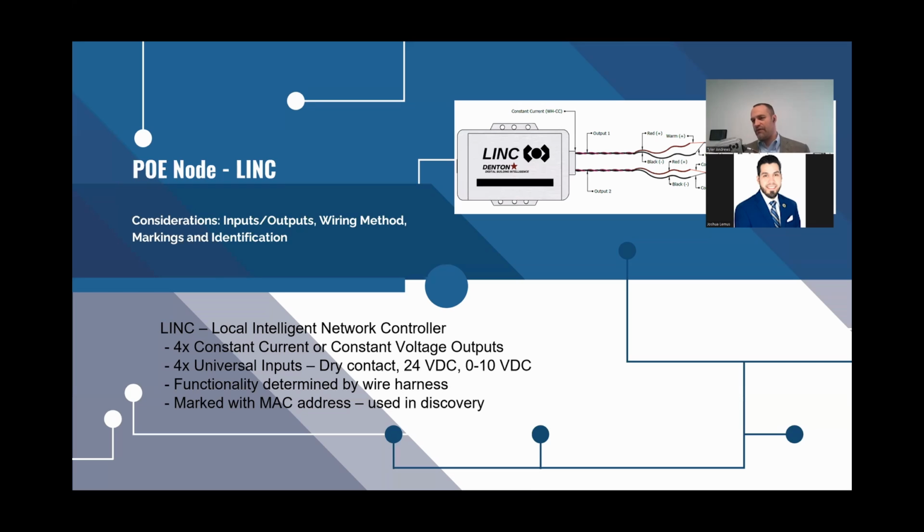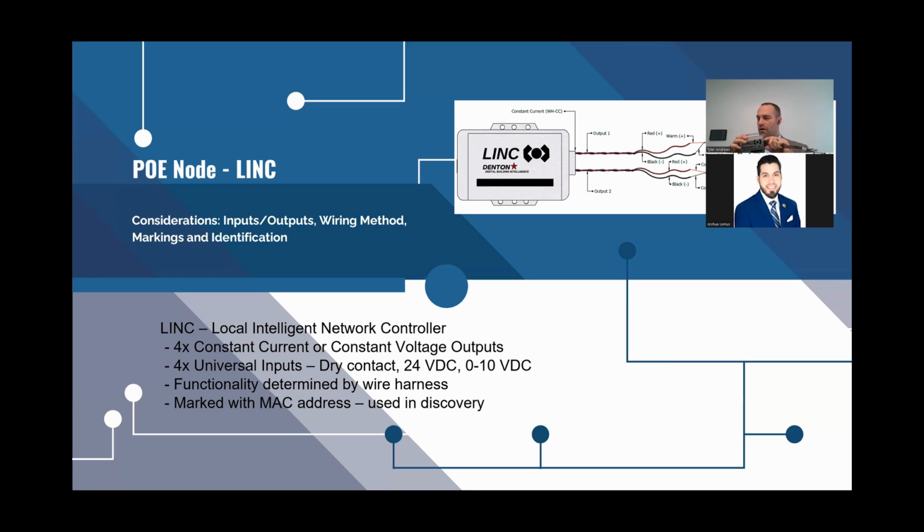Don't worry, if you're worried we're going to sell you a link and it's not going to have a wiring harness, and you're going to go, what am I supposed to do with this? We always make sure we sell it with a wiring harness, and we can always send additional wiring harnesses. Our link, this model, is designed specifically to have 4 outputs, and the outputs can either be constant current or constant voltage.